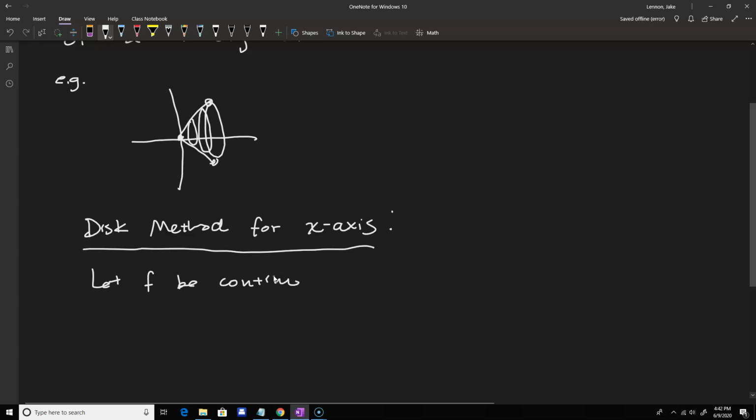But let's say f is continuous, and for this theorem we'll say that f of x is greater than or equal to 0 on this specific region that we're trying to revolve, [a, b].